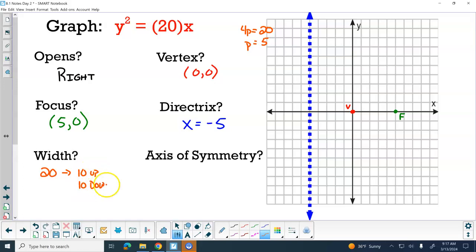It's not 20 up and 20 down. It's 10 up and 10 down. I think your grids are 10. Yep. Which then allows us to draw in the parabola.